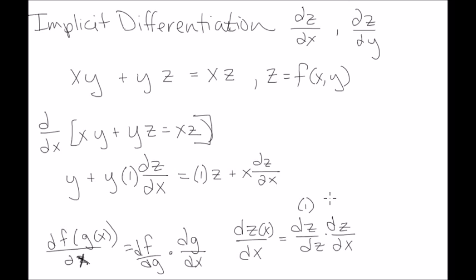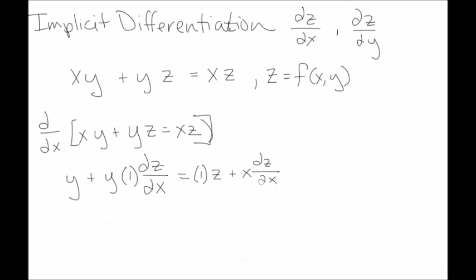So at this point, I have an expression that I need to solve in terms of dz/dx. I'll just go ahead and do the algebra here. I'm going to move the dz/dx terms to the same side. I get y times dz/dx minus x times dz/dx is equal to z, and I move all of the other terms to the other side, z minus y.